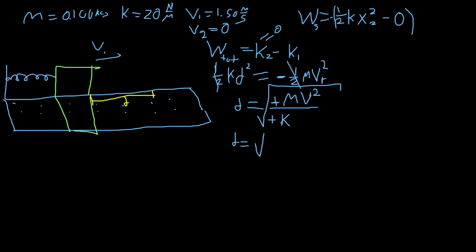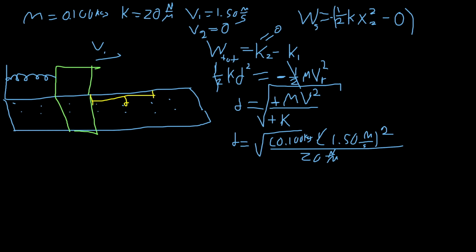So you have d equals mass, which is 0.100 kilograms, times velocity squared, and then over our force constant, which is 20 Newton meters, as you can see here. Now let's calculate that out, and we should find a d value of the square root.